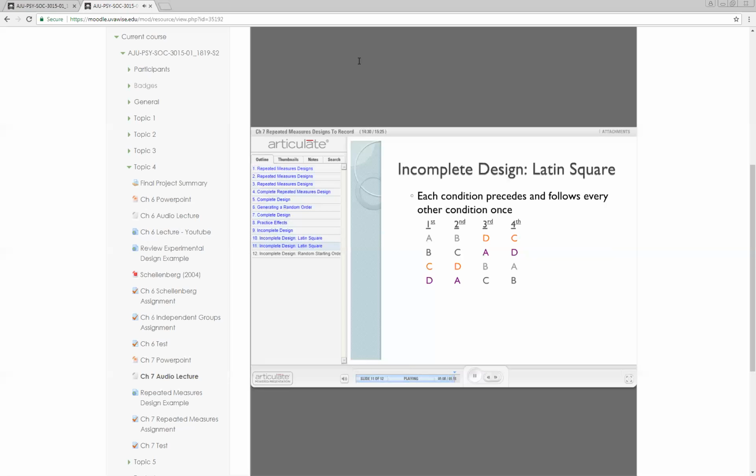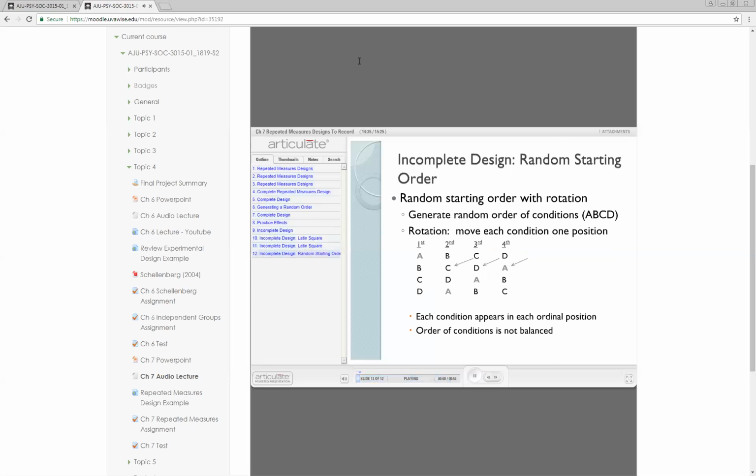A final option for an incomplete design is random starting order. Here again, we're going to start with a random order of conditions, a random block. And rather than rearrange them in that fancy way that they did for a Latin square, another thing we can do is just shift them.